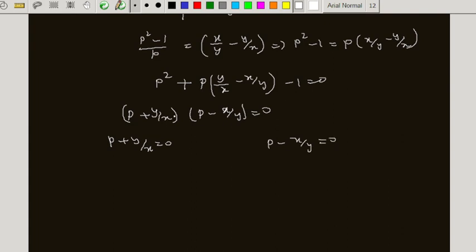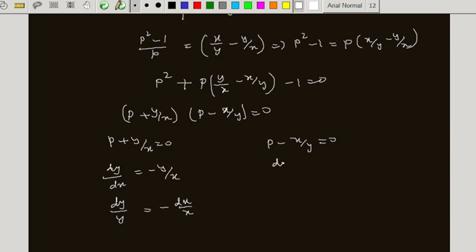We equate this one, and this one we can write as dy by dx equal to minus y by x. So y we write one side, dy by y equal to minus dx by x.